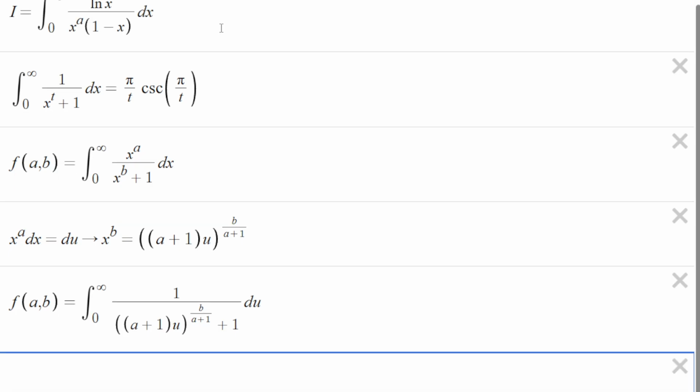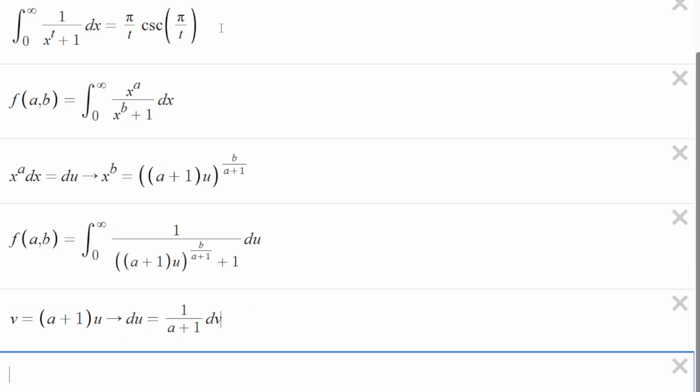And now what I'd like to do is say that v is equal to a plus 1 times u, implying that du is going to be 1 over a plus 1 dv. We'll plug that into our substitution. And by the way, our bounds of integration don't change for any of these.